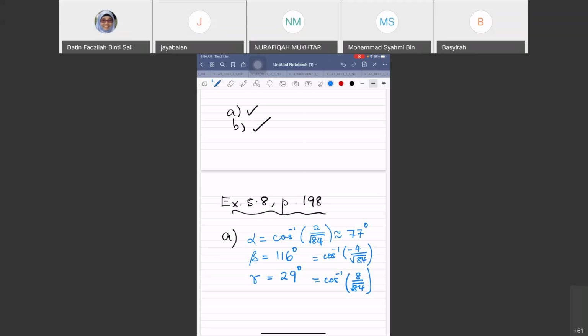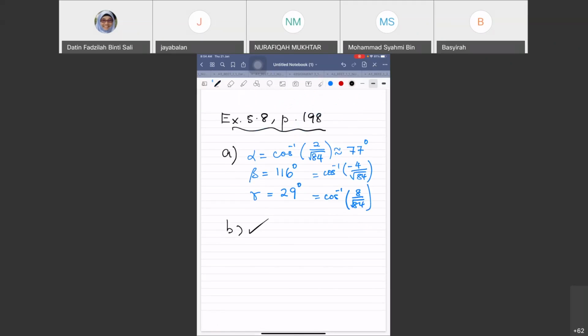If you do this correctly and round to the nearest degree, you should get the answers stated here. B is also the same, so I think you can do B. Then let's move on to exercise 5.9.